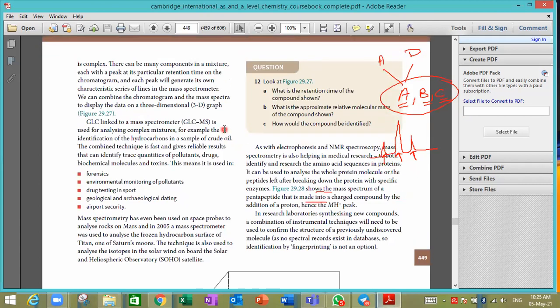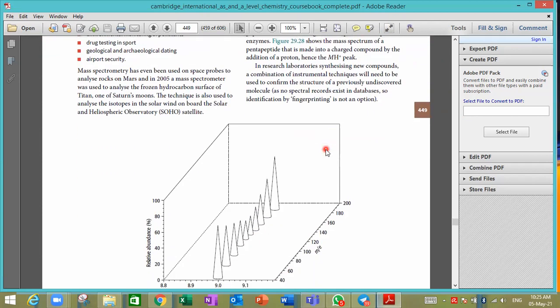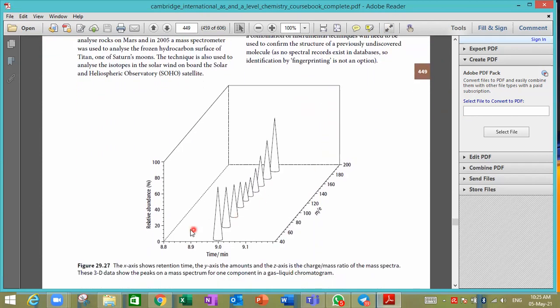Okay. So here, for example, if you see here, after our compounds come out from the GLC or the HPLC, they enter the mass spectrometer.